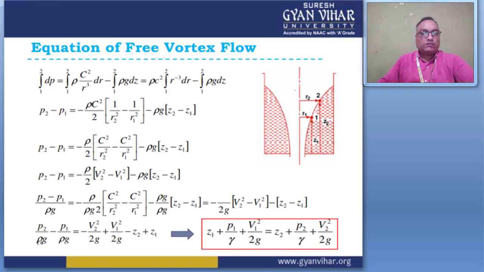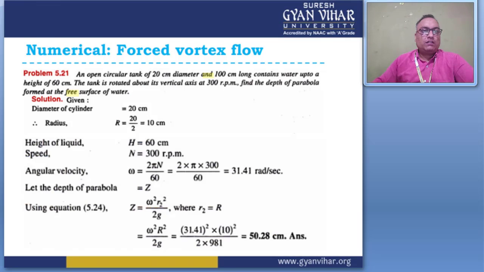Okay, move to the next slide. Here is a numerical question. An open circular tank of 20 centimeter diameter and 100 centimeter long contains water up to a height of 60 centimeter.